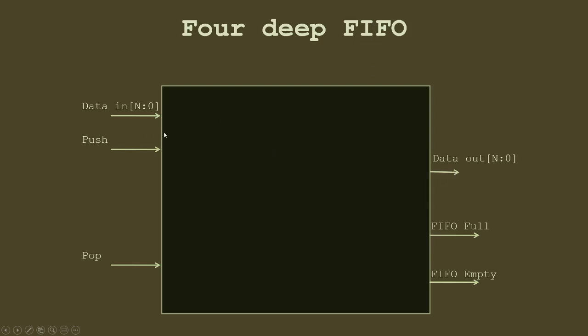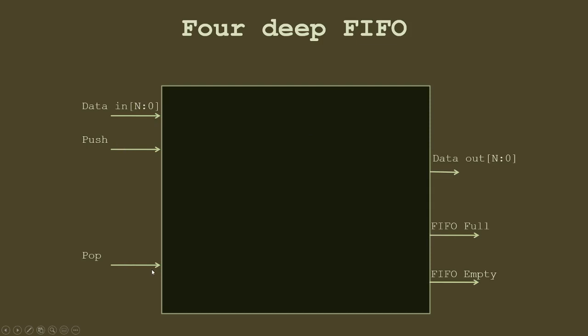So, for example, we want to store 100 in the FIFO. I'll insert a push signal and push data 100 here. That will be stored in the FIFO. Then I want to store 500, so I'll push again and give a value of 500. So the FIFO will have two values, 100 and 500.